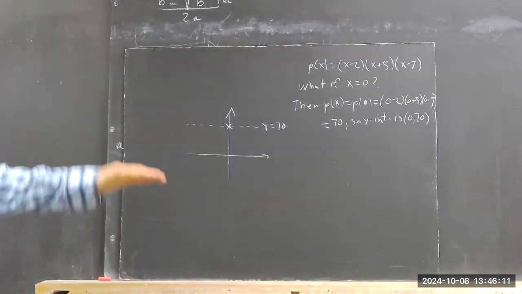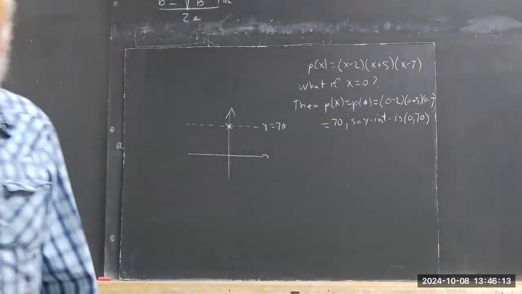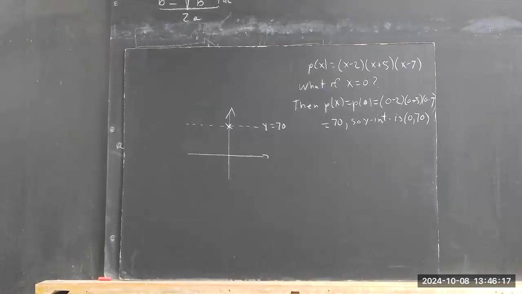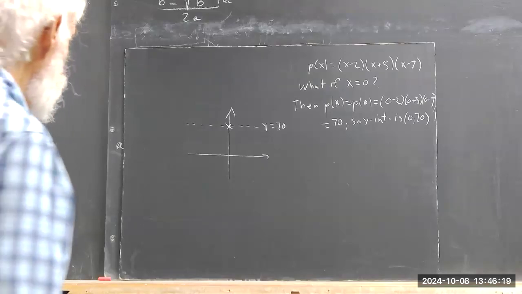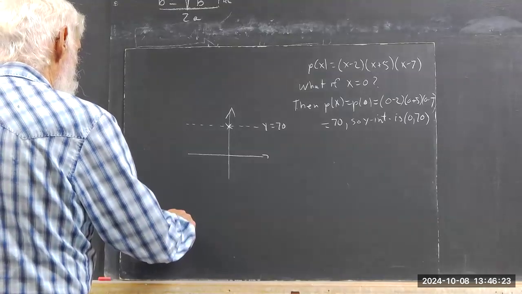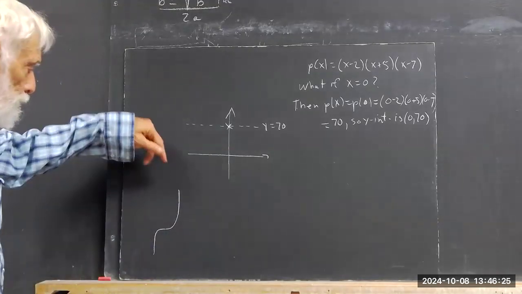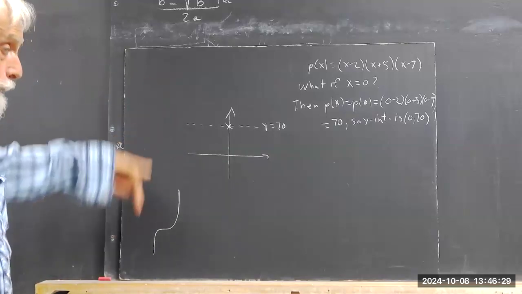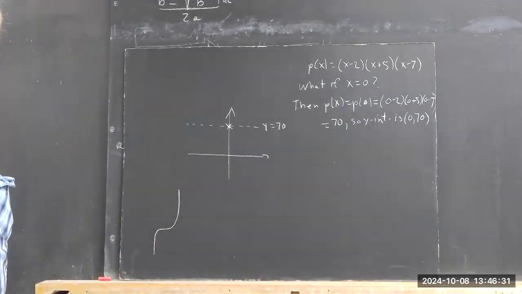Now let's get back to what points the graph goes through, if any, on the x-axis. Okay, well, we know that it's going to go through some point of the x-axis. Its overall behavior is like this. It gets really big on this end, and it gets really big on this end, but big in the negative sense, right?